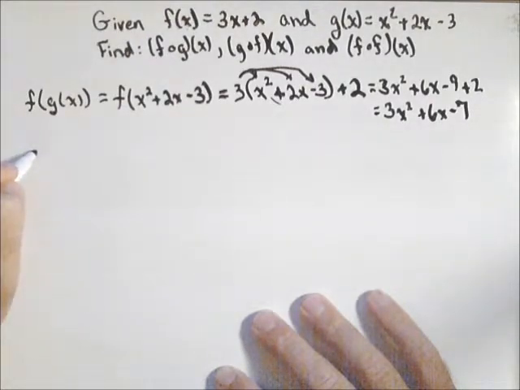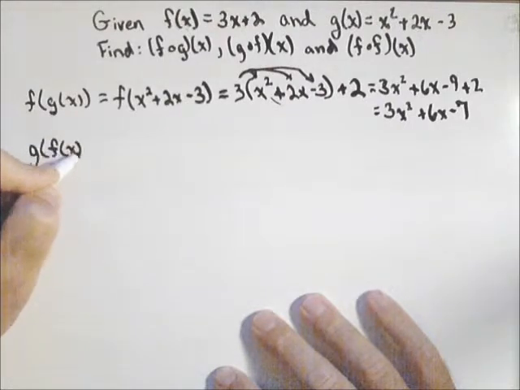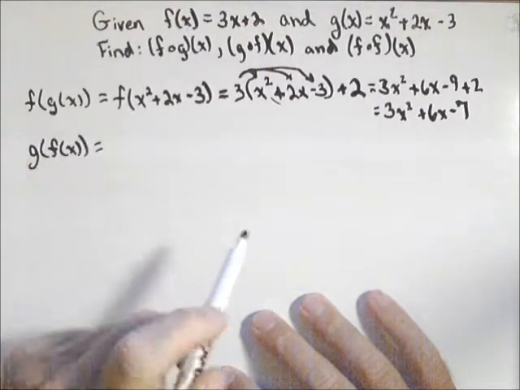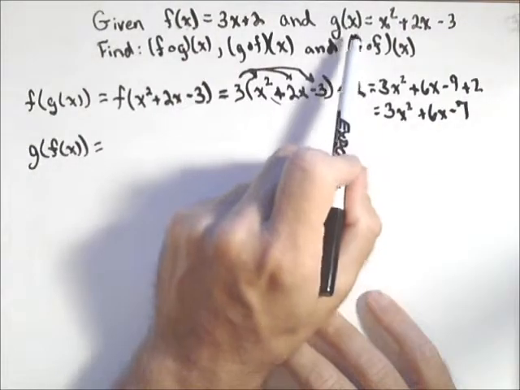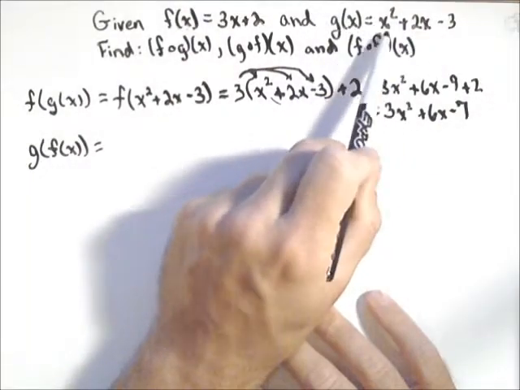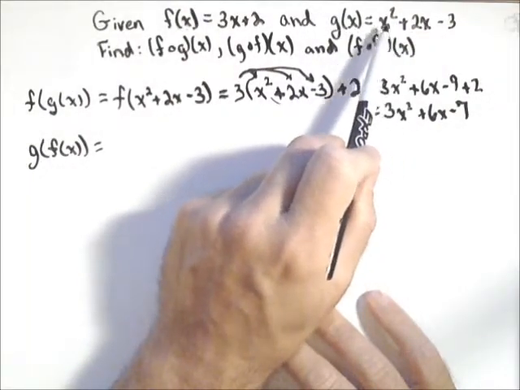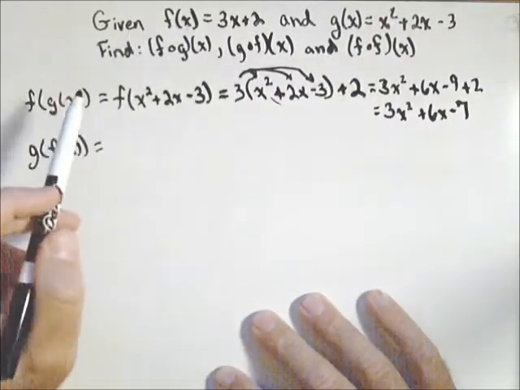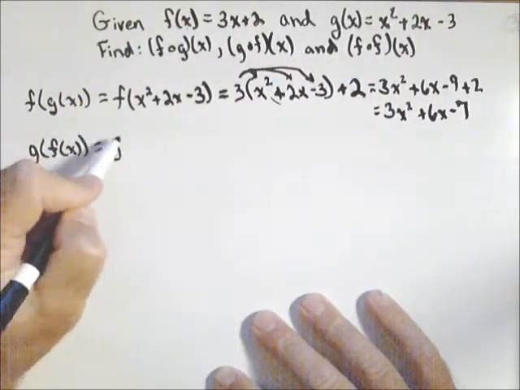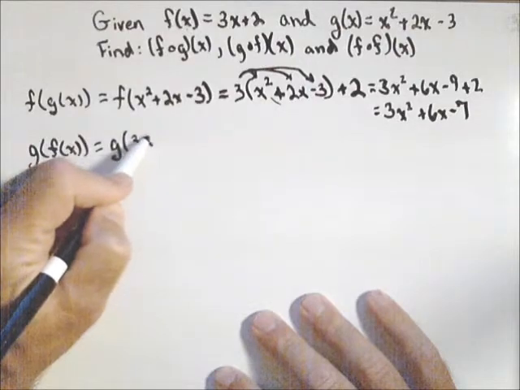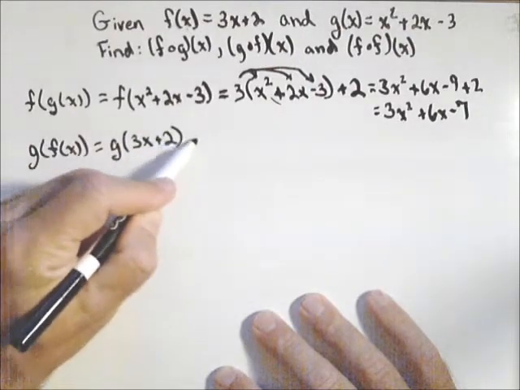g of f of x is going to be very similar. This is going to be our function g with f as an input. Now one difference you'll notice is g of x has more than one x in it. There's more than one placeholder in it. So for each of those we have to put in f of x. So we're finding g of 3x plus 2.